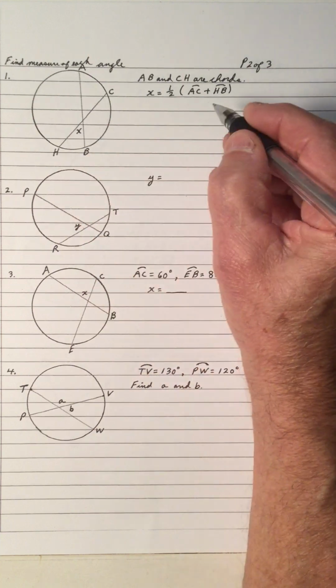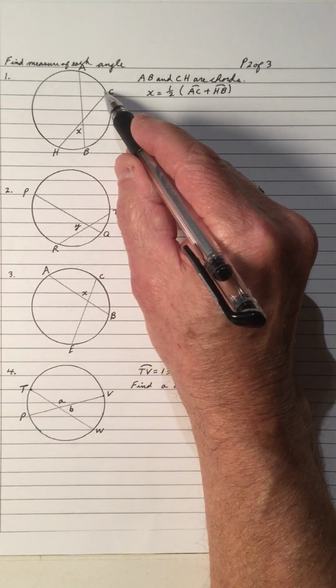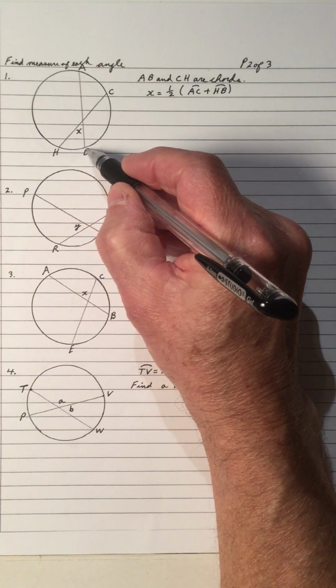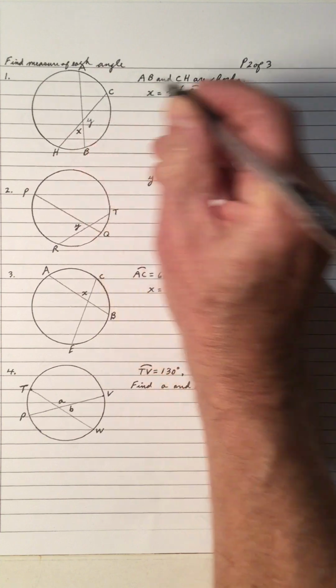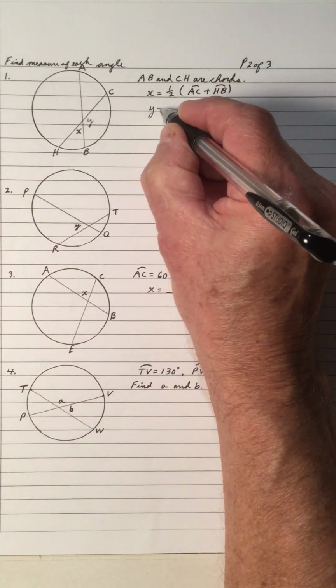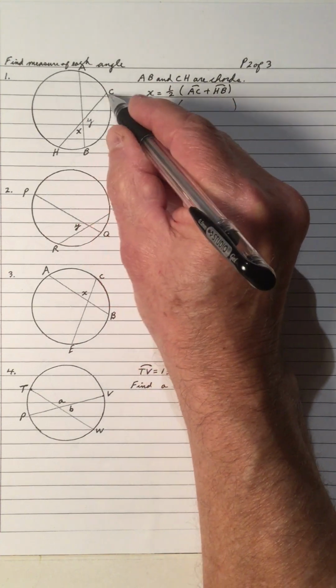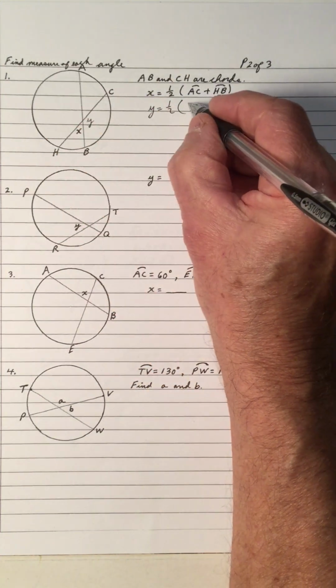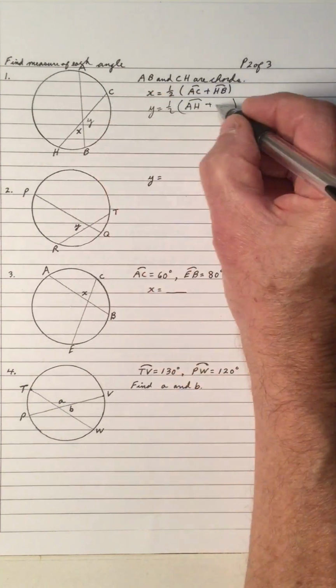form, then X is a half of this arc AC and this arc HB. Or if I put a Y right here, then Y would be a half of AH and CB.